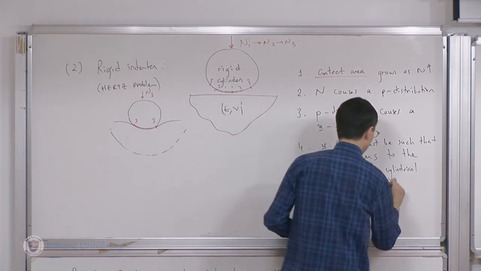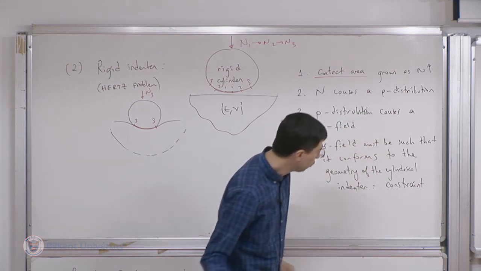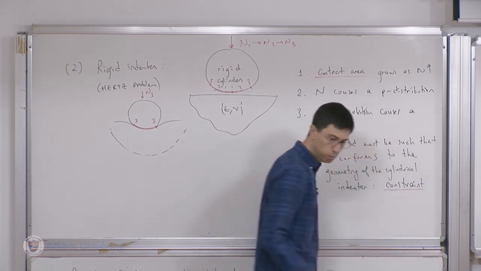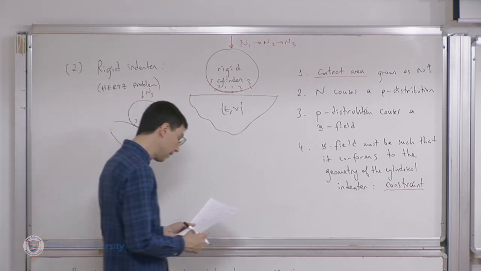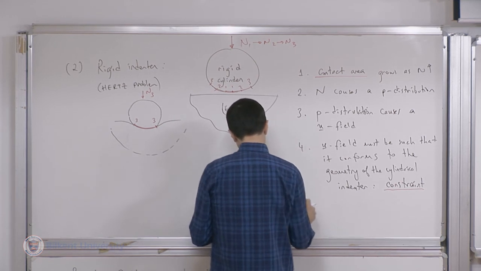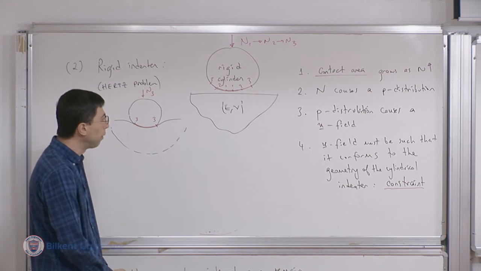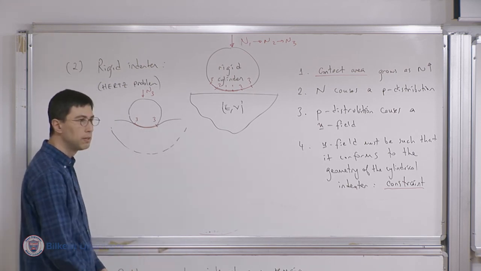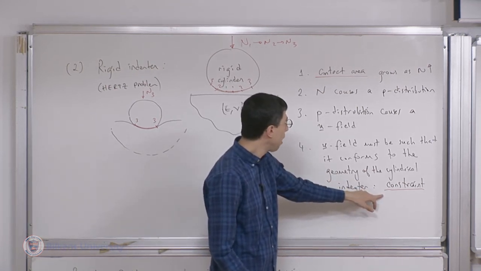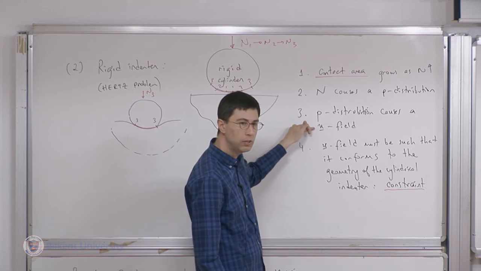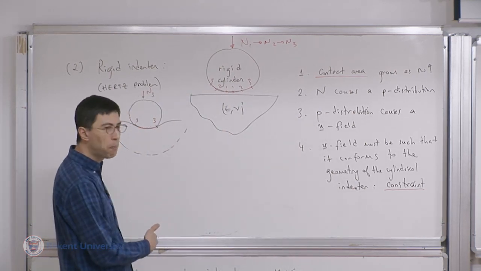And this is really where the idea of a constraint comes into place. It's not any displacement field. It's one that conforms to the geometry of the cylindrical indenter. And that's about it. So if I wanted to solve this problem, I have to put this information together and try to satisfy the constraint and thereby find the pressure and hence the displacement field that is the solution to this problem. Again, once I have solved, I've done the hard part of the work.